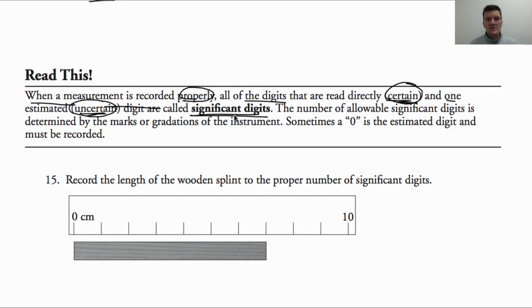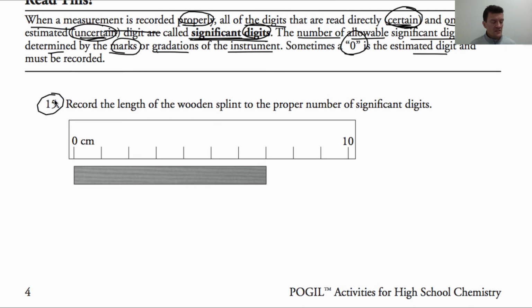The number of allowable significant digits is determined by the marks, the precision, the gradations of the instrument. How many marks are on that instrument? Sometimes a 0 is the estimated digit and must be recorded because it's not a very precise instrument. Okay? So let's just practice here.